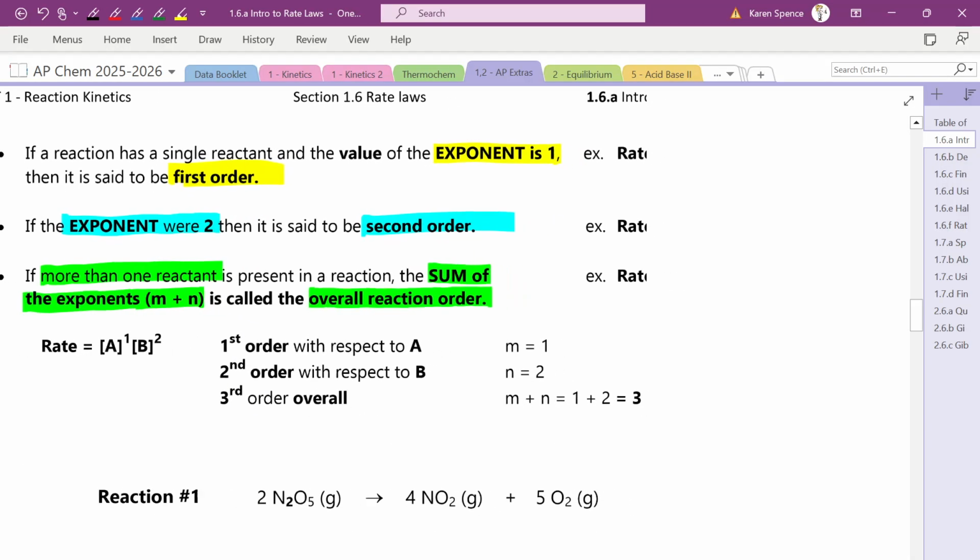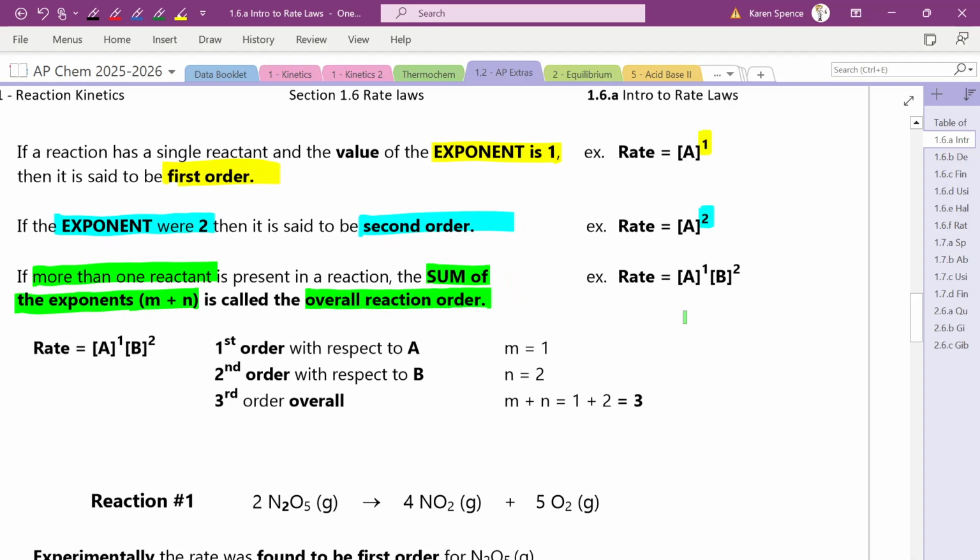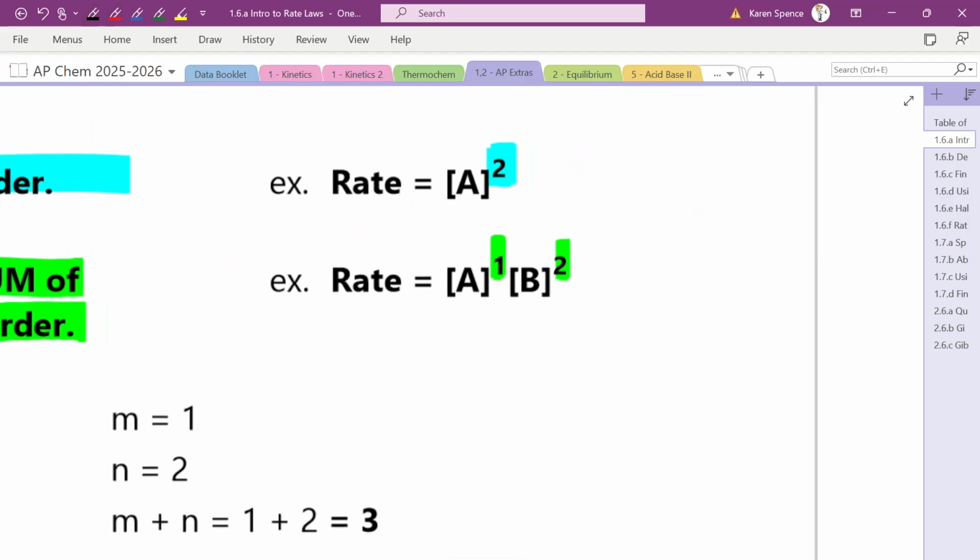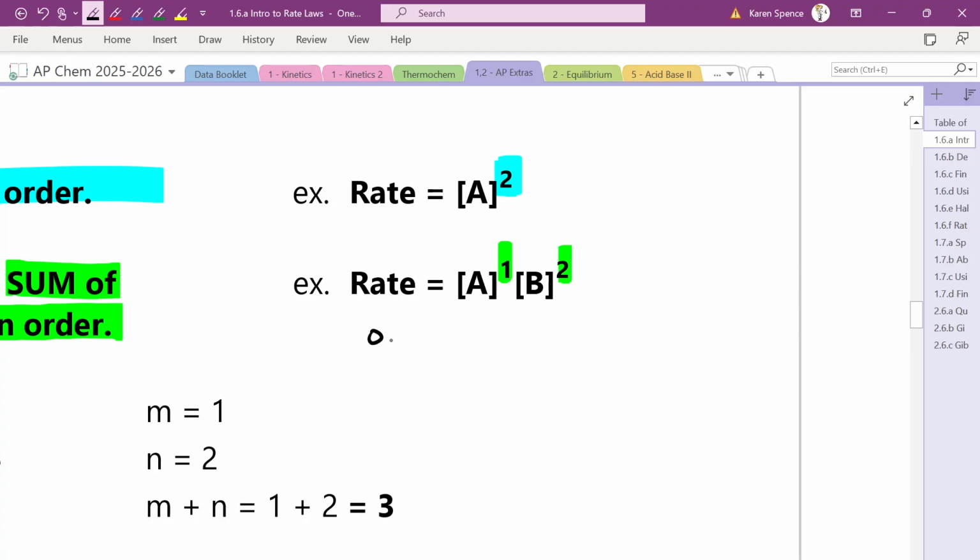So if our rate law had A to the 1 and B to the 2, the overall order of the reaction is equal to 1 plus 2, which is 3.